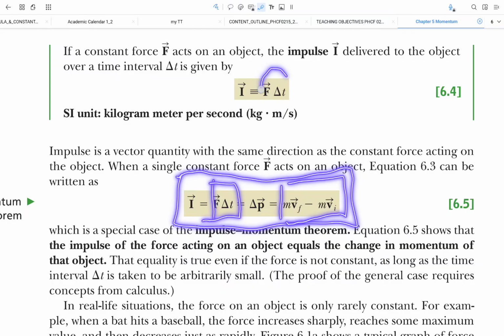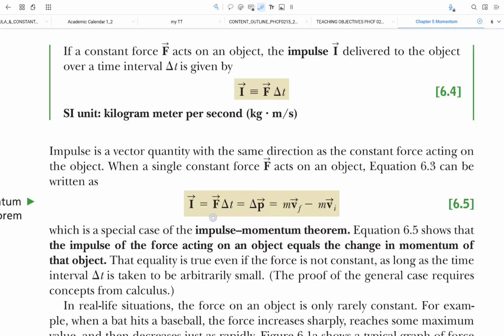So impulse is the product of force times t, a constant force that acts on an object delivered over a time interval. It's called an impulse. Observe that impulse, denoted by the symbol I, is equal to the change of momentum.